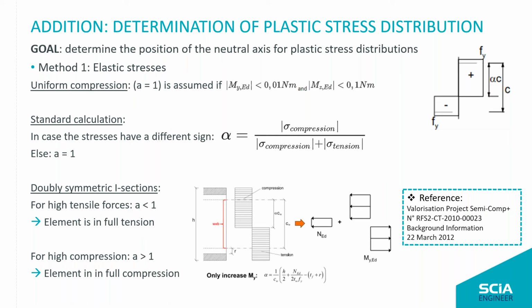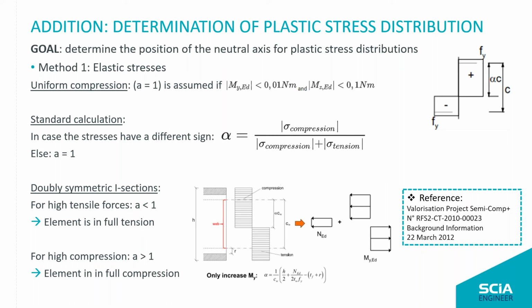The first method is the most commonly used one because it is fast and it is easy also to hand calculate. We just look at the elastic stresses inside the section, or if the moments are small enough, we assume that it is uniform compression.